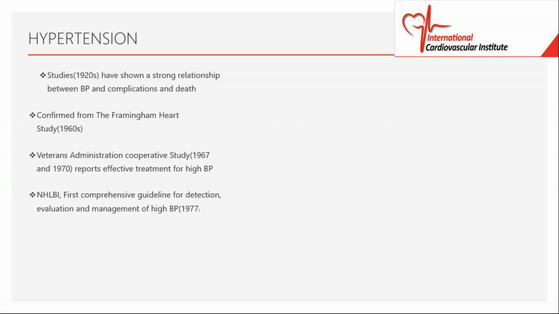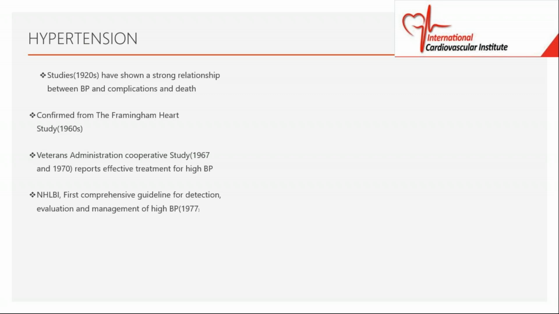From the 1920s, there were studies showing a strong relationship between blood pressure and complications and death. So from the 1920s or before, we know that hypertension was a bad thing. In the 1960s, we confirmed that with the Framingham Heart Study in Massachusetts.